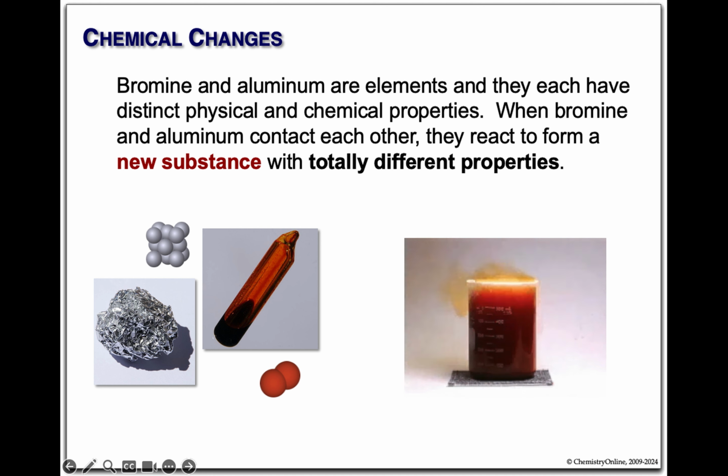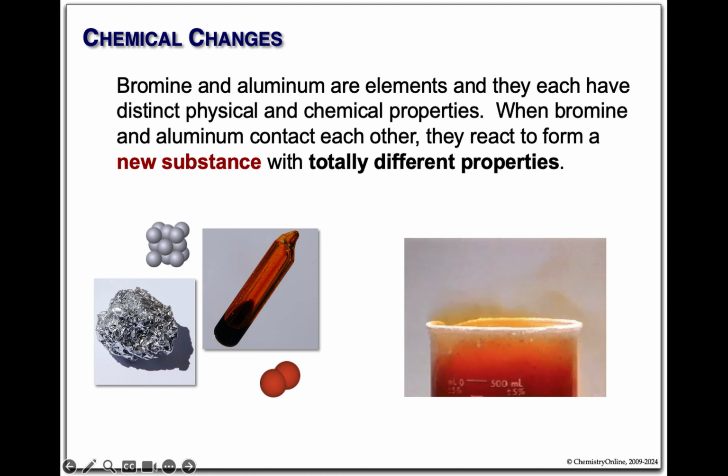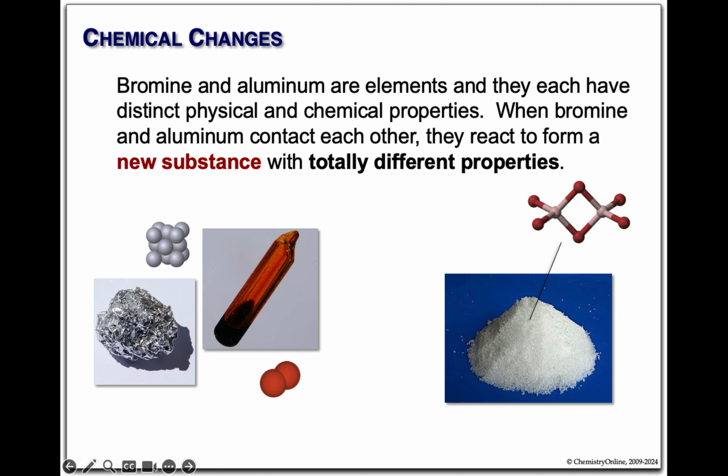But when it's all done, if you look here around the top, you have a crusty white solid. This is a totally new substance from what you started with. This is aluminum bromide. We have taken the reactants here.